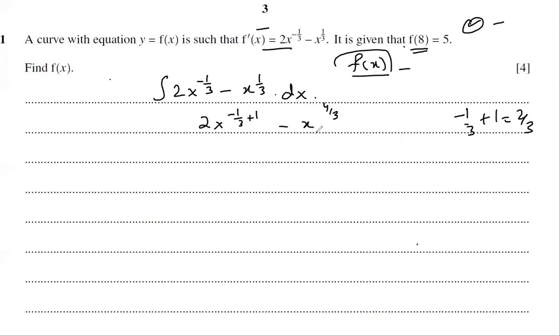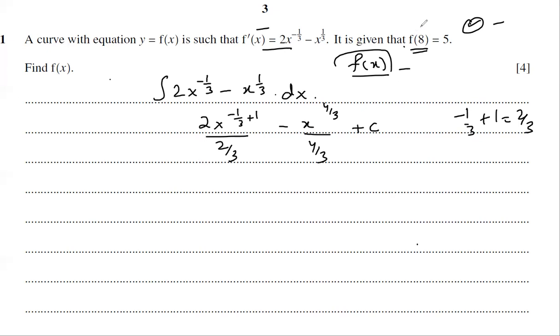Right, this is 4 upon 3, divided by 4 upon 3. And this becomes 2 upon 3, so divide by 2 upon 3. And of course, when we are integrating, we are getting plus c. Simple. Keep it very simple, right?